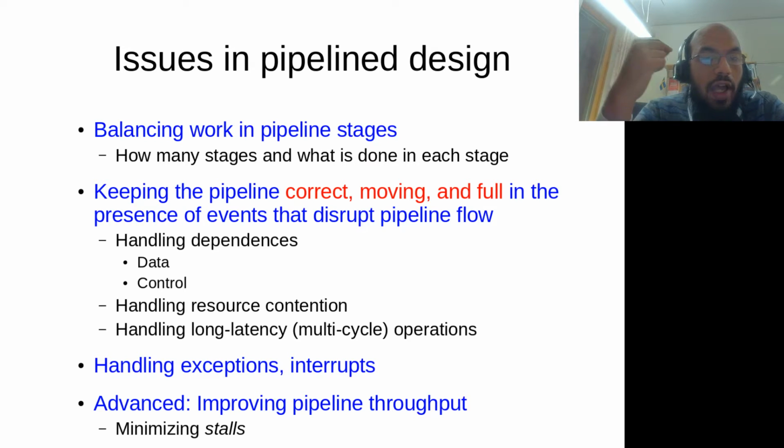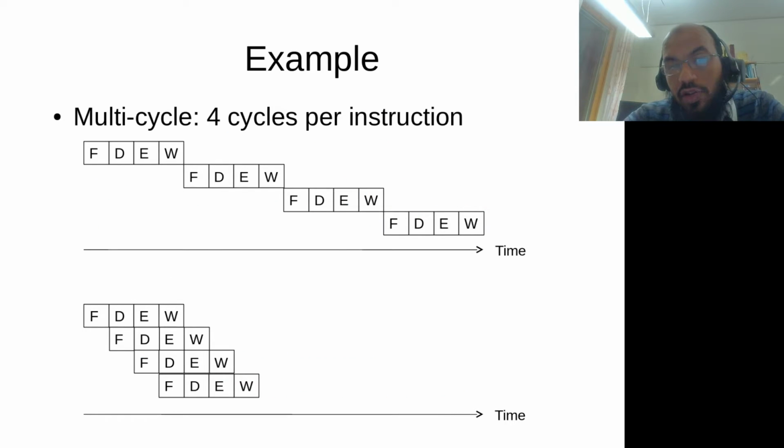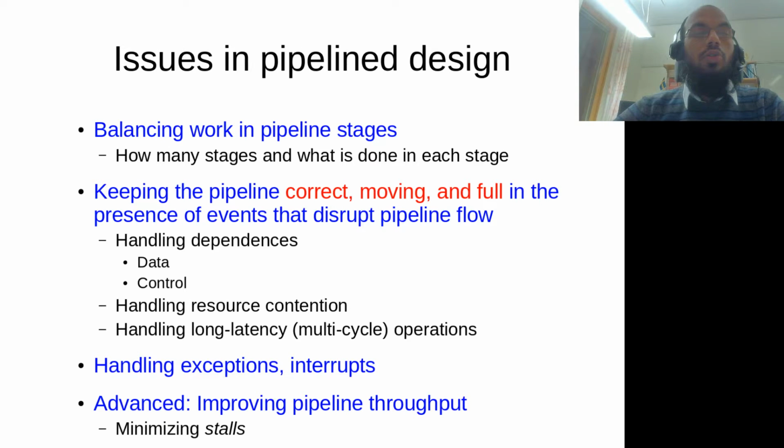But you also might have control dependencies. Suppose one of these is an if statement, and you're evaluating whether you need to jump to this instruction instead of doing this instruction. If you fetch this one while you're not going to do it, then you're not really getting the right instruction to operate with. You need to handle resource contention because execution might be a bit heavier than fetching and decoding.